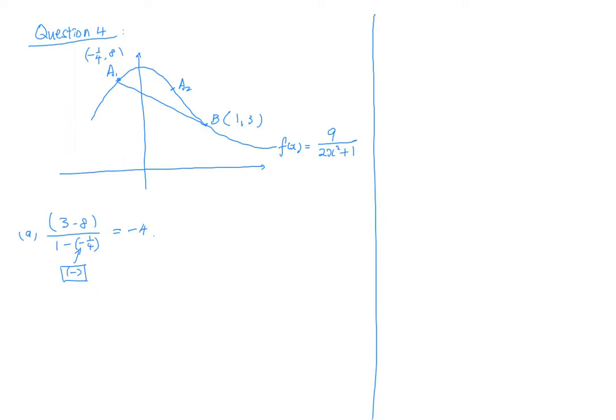You can either go straight to the formula, or you find the slope of a chord first. So you take a point.